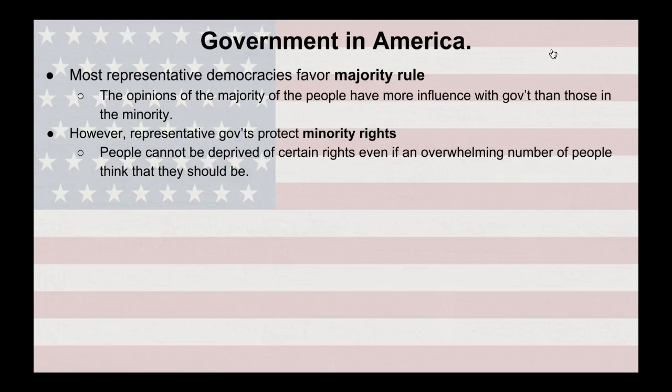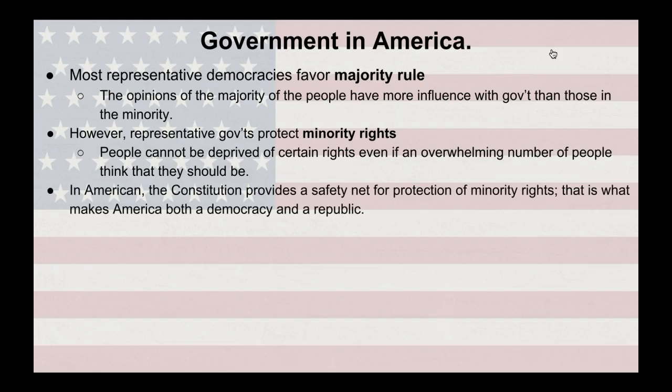Their right to believe the way they want to believe is enshrined in the First Amendment. And so even though most of the society would believe in a god or a type of religion, we cannot strip these people who don't believe with the majority of certain rights just because they don't think like everybody else. And so in a representative democracy, we do protect the minority rights of individuals.